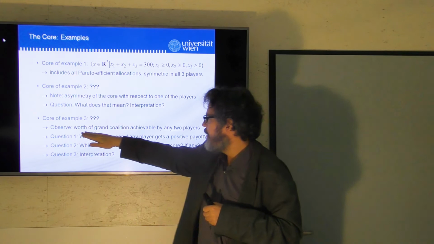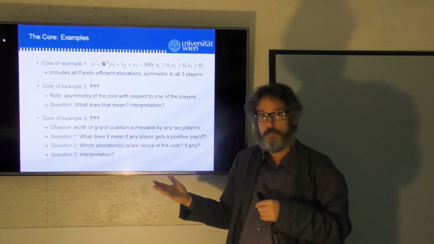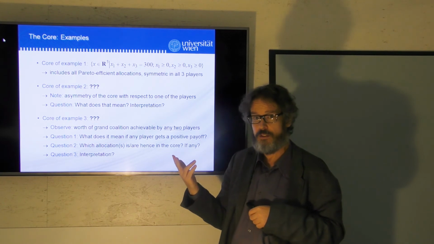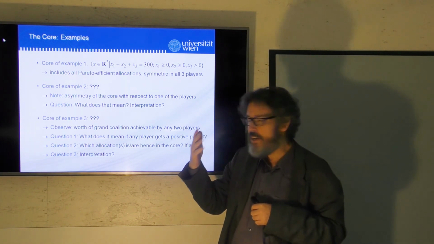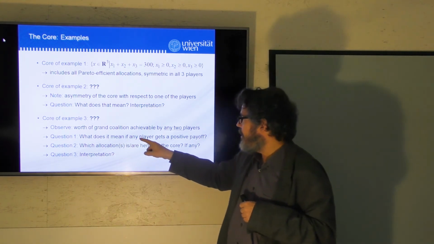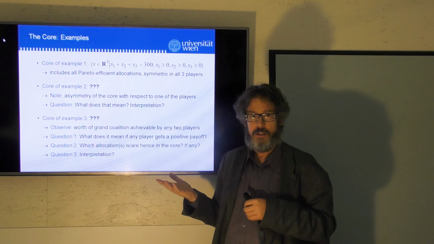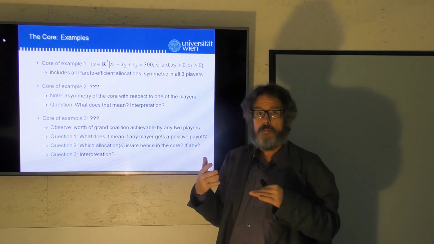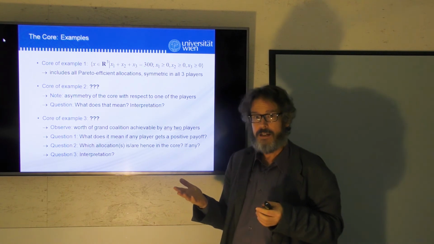Observe once again, the worth of the grand coalition can be achieved by any 2 players, by any coalition consisting of 2 players. And then you could start thinking about what does this mean if any player gets a positive payoff. So assume player 1 gets a positive allocation, x1.